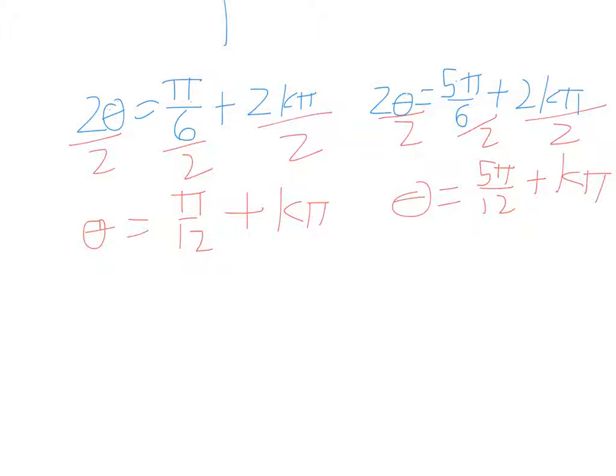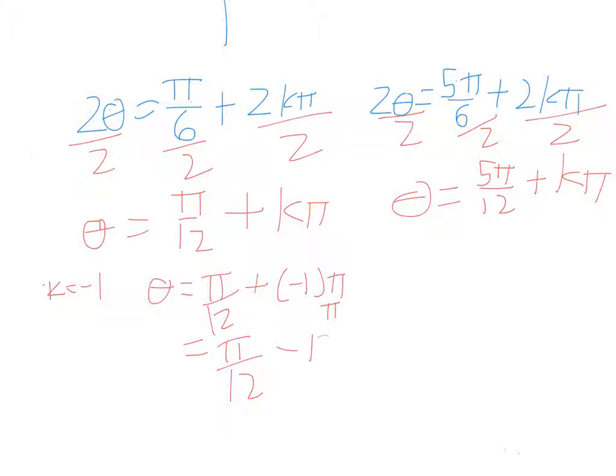So if you were to plug in -1 for k, then for this first equation you'd have theta is equal to pi over 12 plus -1 times pi, so pi over 12 minus pi.